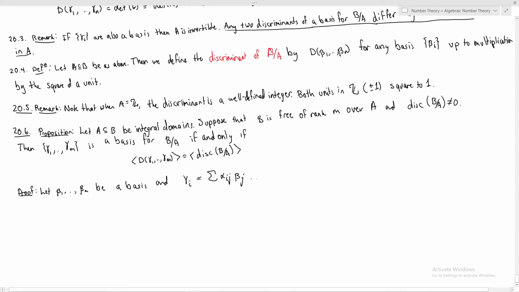Okay, and we've seen that the discriminant of these gamma 1 through gamma m is the determinant of the alpha ij's squared times the discriminant of beta 1 through beta m.